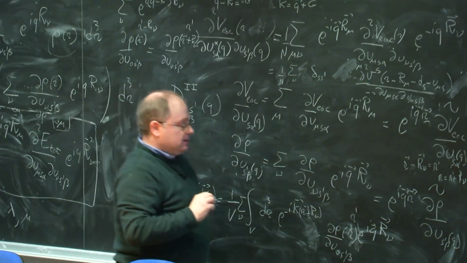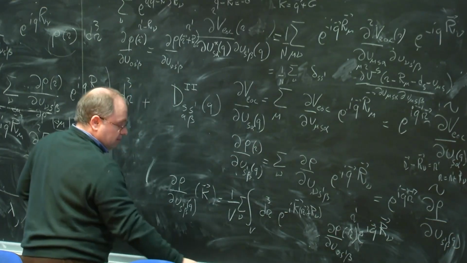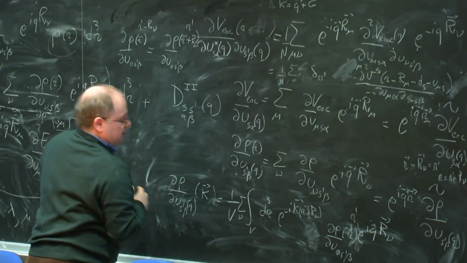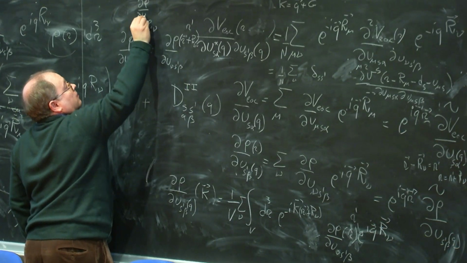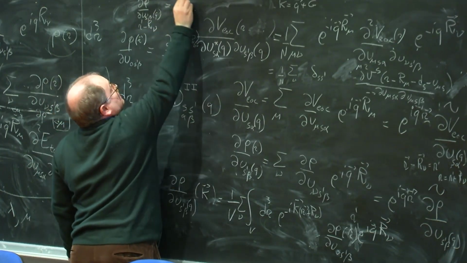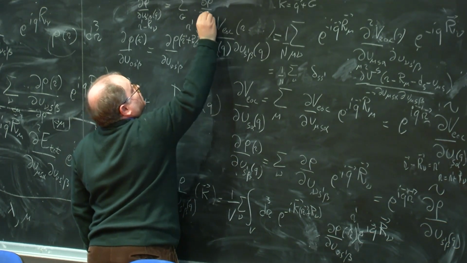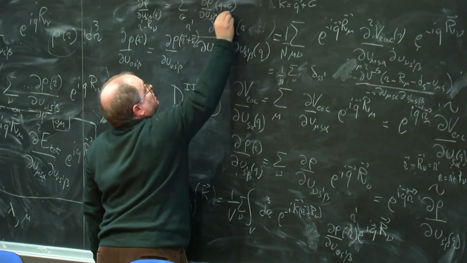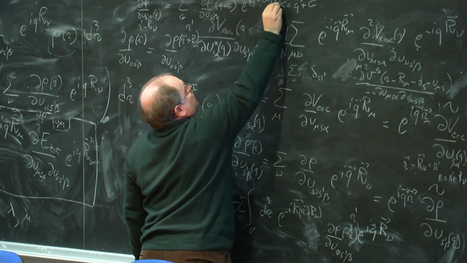So basically, this object can be written like this. The derivative of rho over u s prime beta of q is equal to the sum over g of the derivative of rho over u s prime beta of q plus g, e to the i (q plus g) r.